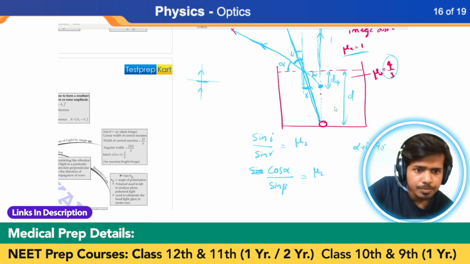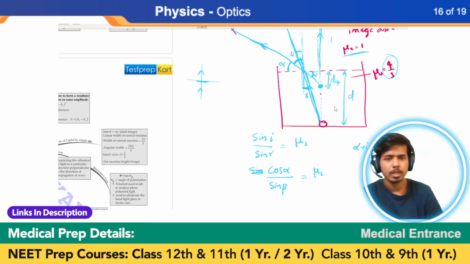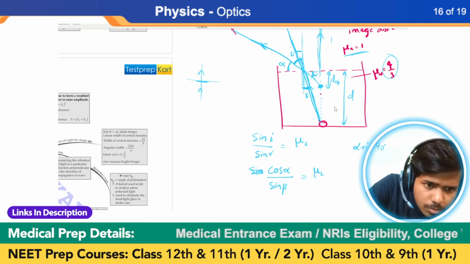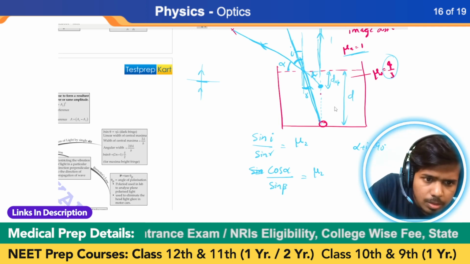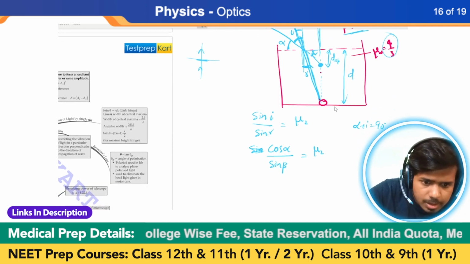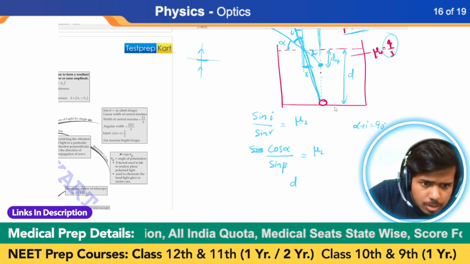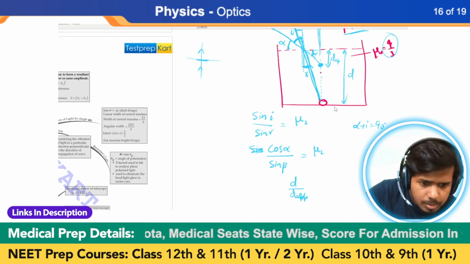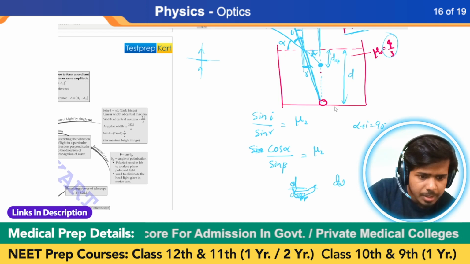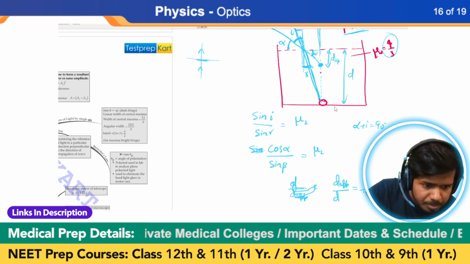What is cos alpha in this case? It is going to be cos alpha, right? So from here, you will get d apparent by d is equal to 1 by mu.